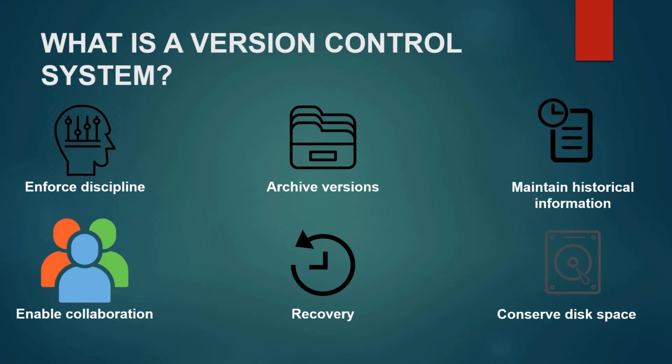And finally, a version control system will normally also allow you to conserve disk space, on both the source control client and on the server. Why? Because it centralizes the management of the versions.